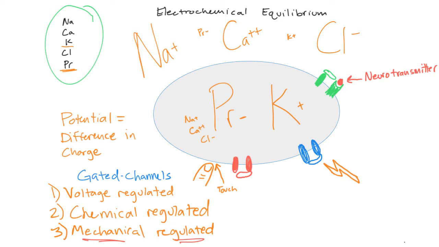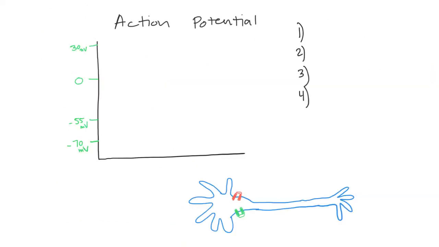All right, so now let's move on to the neuron and an action potential. One thing to note, an action potential is an all or nothing event. So you can't have half of an action potential.